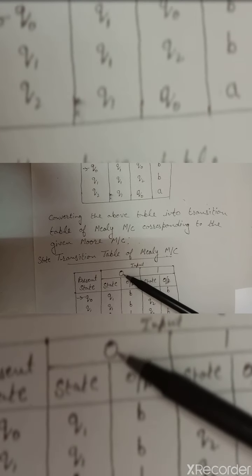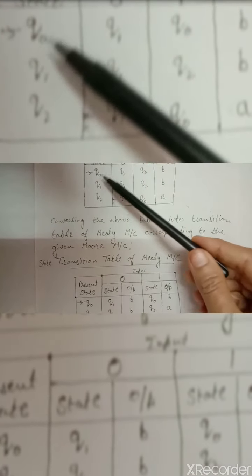With 0 input, Q0 moves to Q1, so I write here Q1. With 1 input, Q0 moves to Q0. First we write only the states after the transition with input 0 or 1.